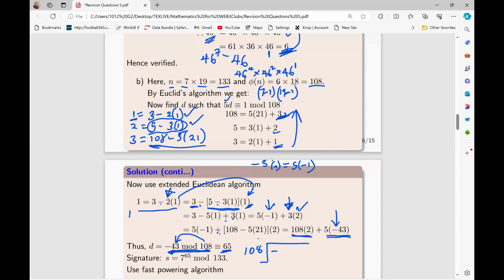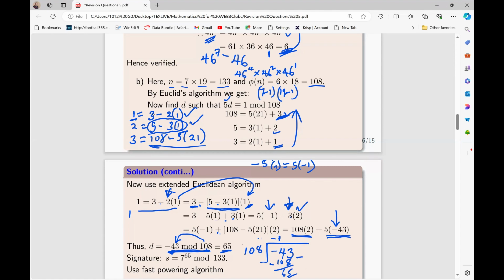How many times does 108 go into negative 43? It goes there negative 1 times. So negative 1 times this, you get negative 108. Then subtract this. So I'm taking negative 43 minus 108, which gives me 65.